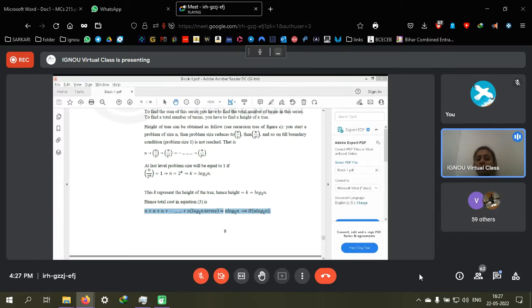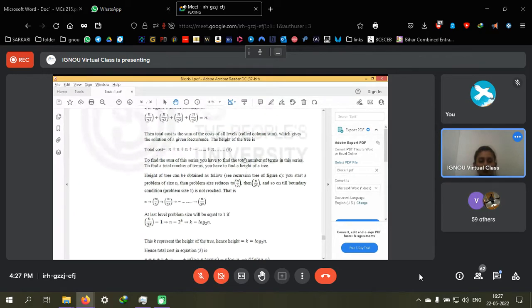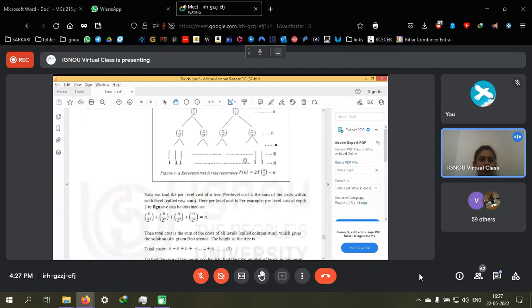I'm repeating once again the last level. When we saw this tree, the last level values are 1, 1, 1, 1, 1 in the last position, right? What will be the value of n, or what will be the value of 2 to the power k here?